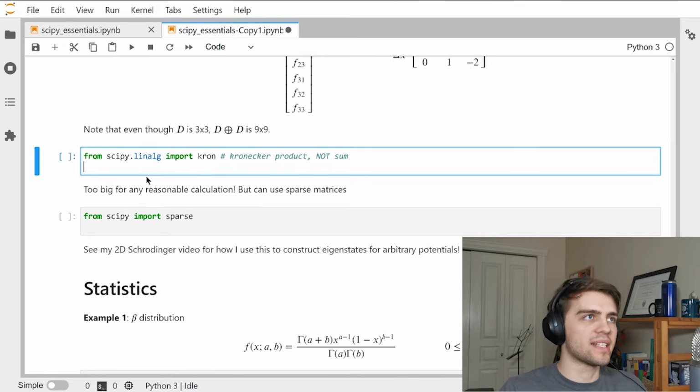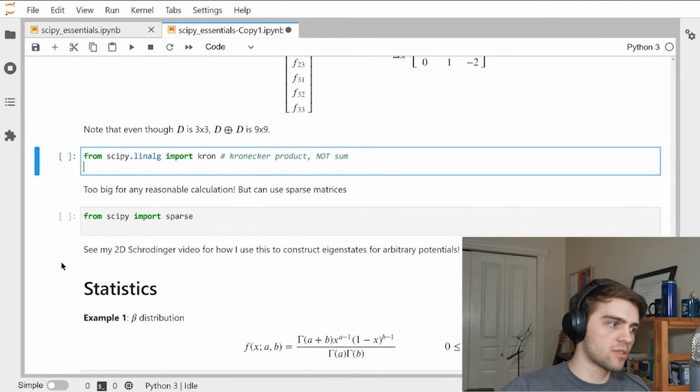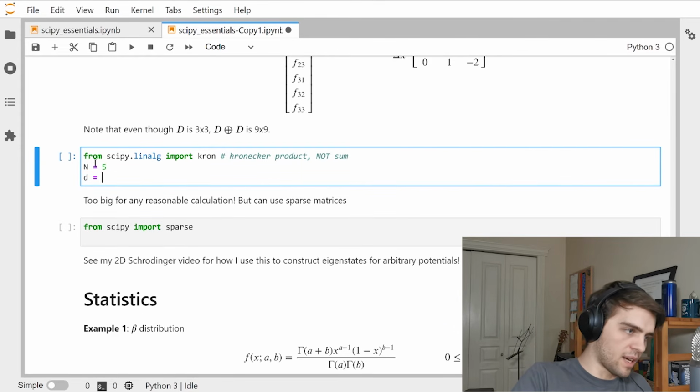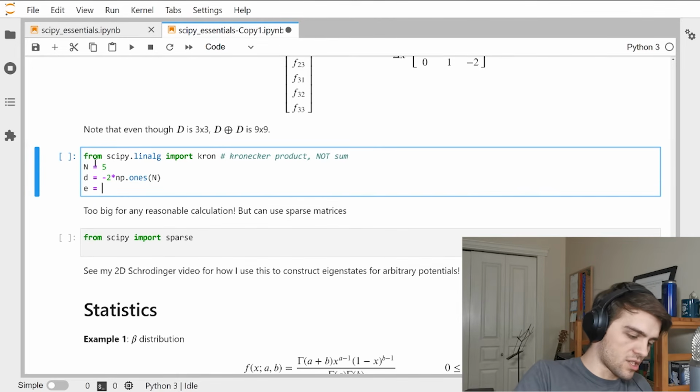So here's a simple way to take the Kronecker product of a matrix. Suppose I have a length 5 vector. I'll give my diagonal here, and my off diagonal. Again, I'm constructing a Toeplitz matrix here.